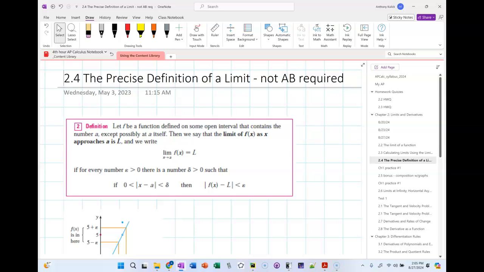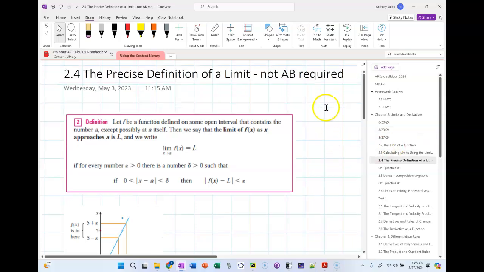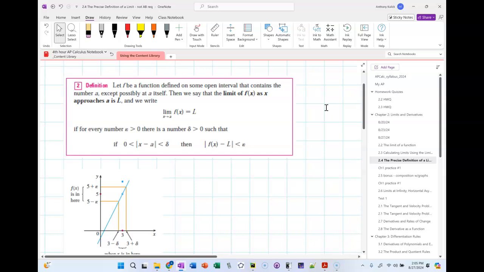So we say, let f be a function defined on some open interval that contains the number a, except possibly at a itself, the same lead-in that we've had for almost all these limit things.